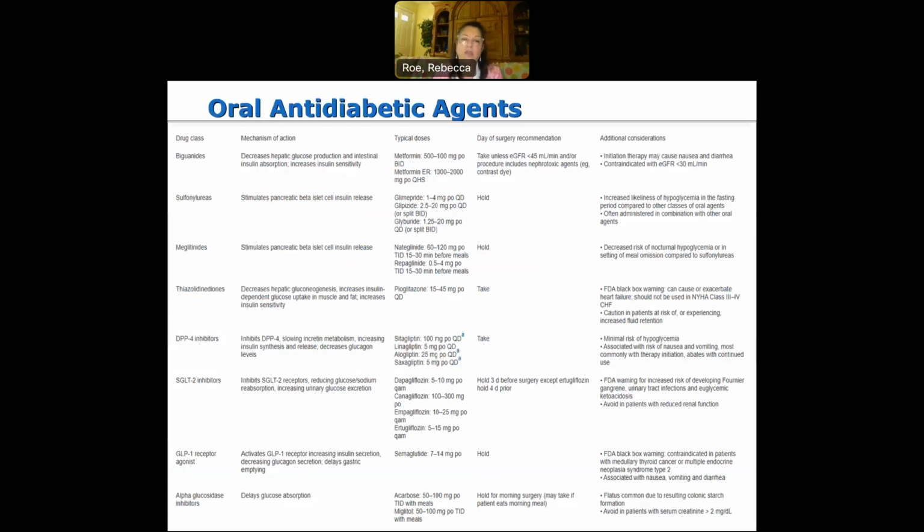So you can use that if you want to as your own personal guide, but basically you can see from the top to the bottom which is your most common. Metformin remains to be the most common.